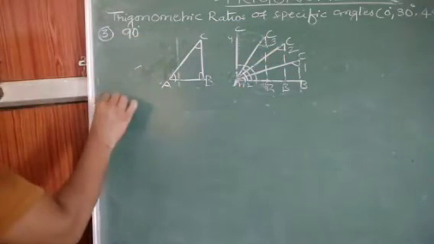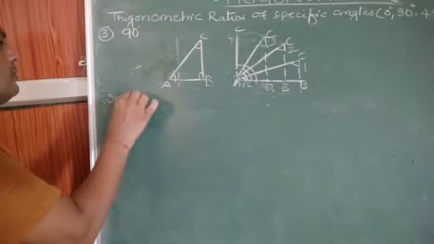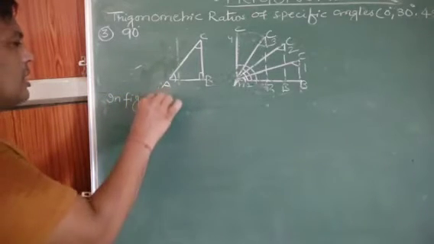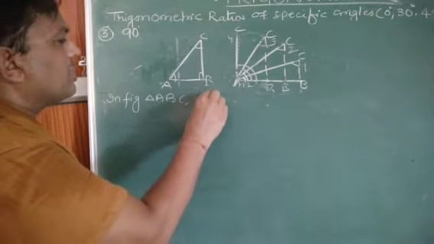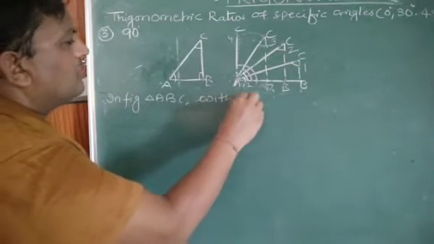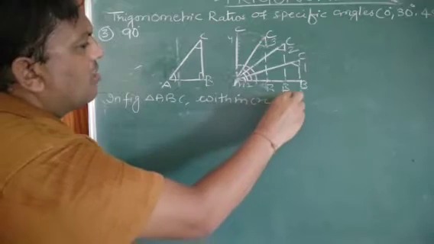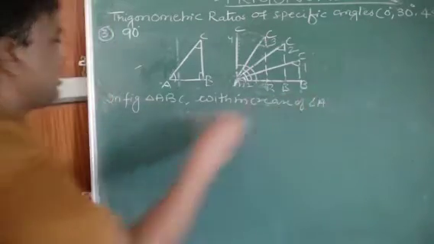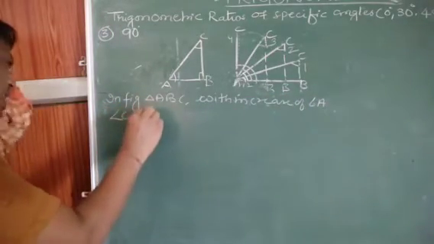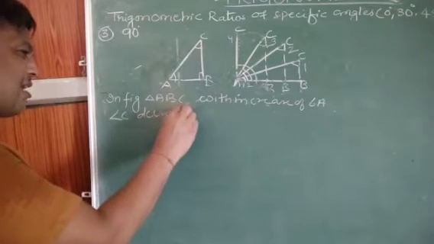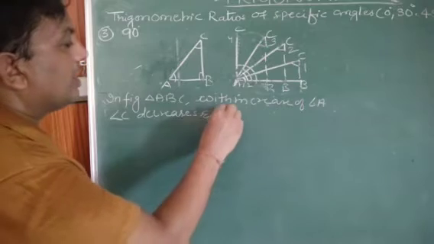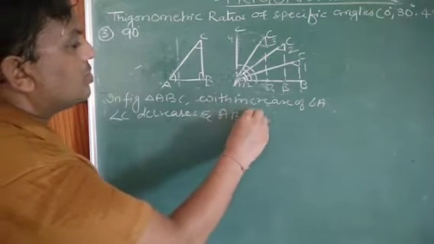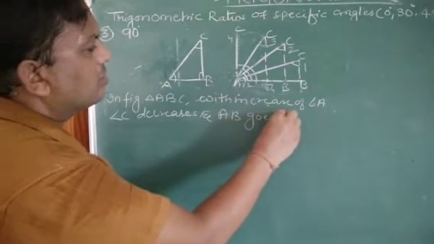So in the figure, triangle ABC, with increase of angle A, angle C decreases, and AB goes on decreasing.